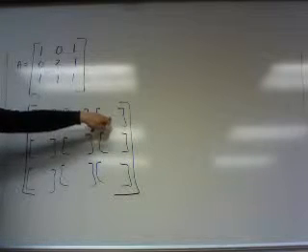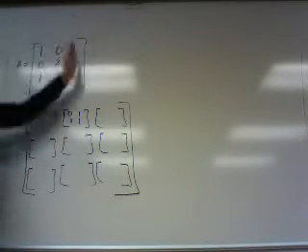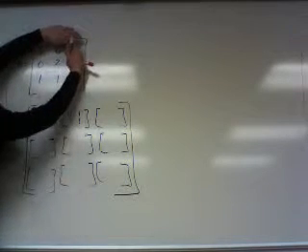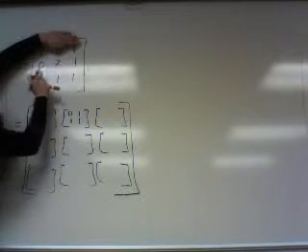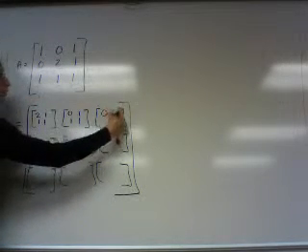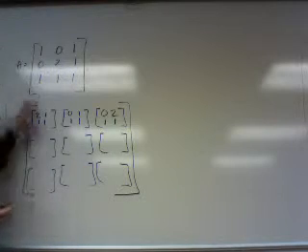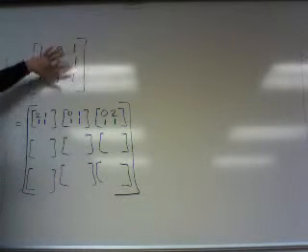So the top right corner is this 1. This 1 is in the top row in the last column, so I'm going to get rid of these 2, and I'm left with 0, 2, 1, 1. So you do the same thing for the others. I'm going to pick it up because this video isn't super long.